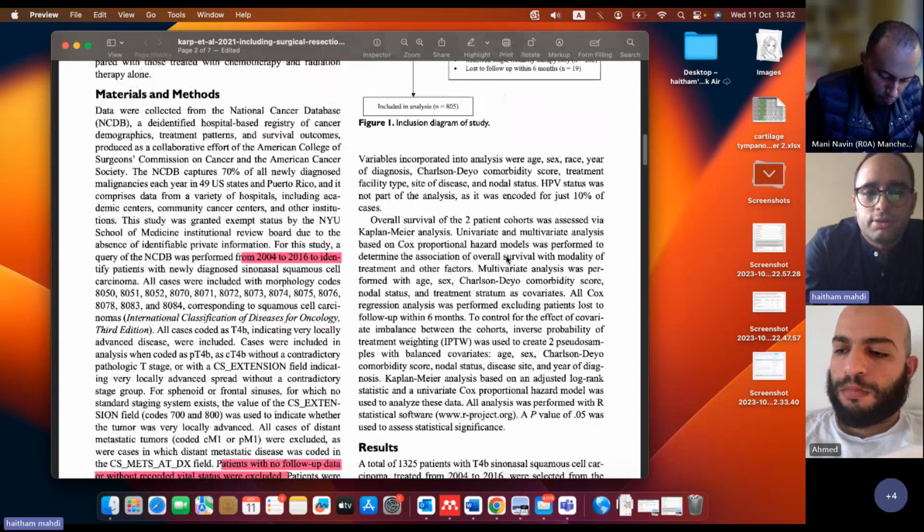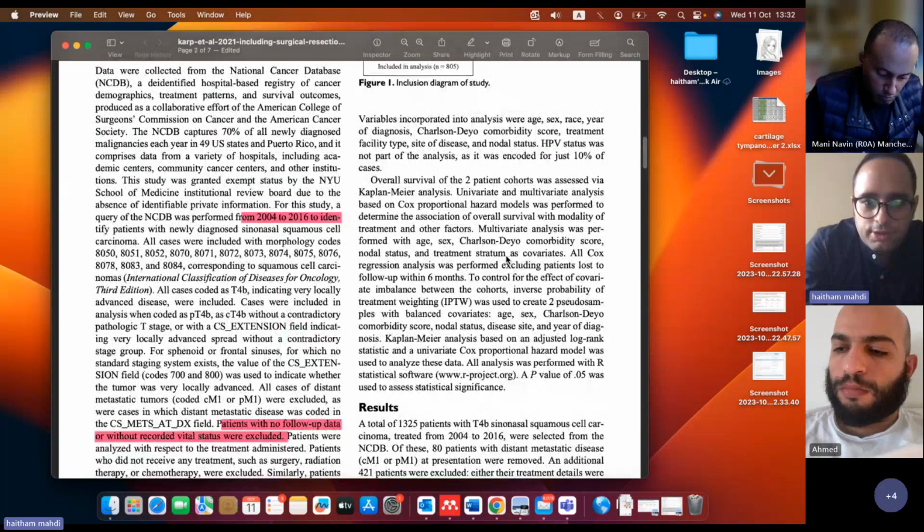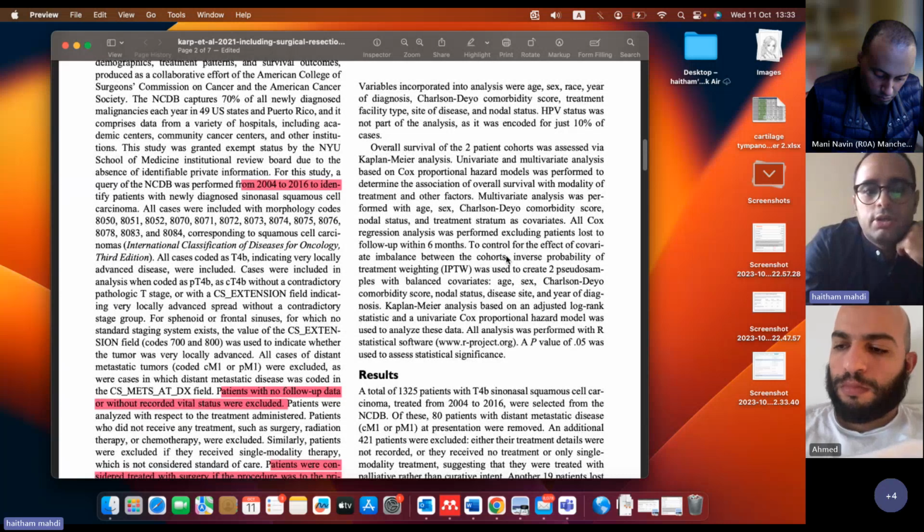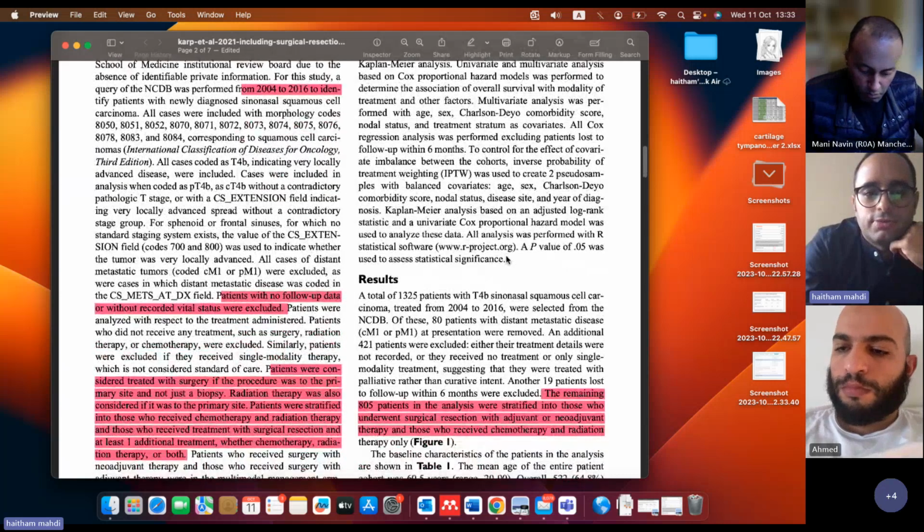The materials and methods, as we said, it was a prospective cohort data collection for patients who had been treated earlier. So there hasn't been any randomization of the cases among the two groups.